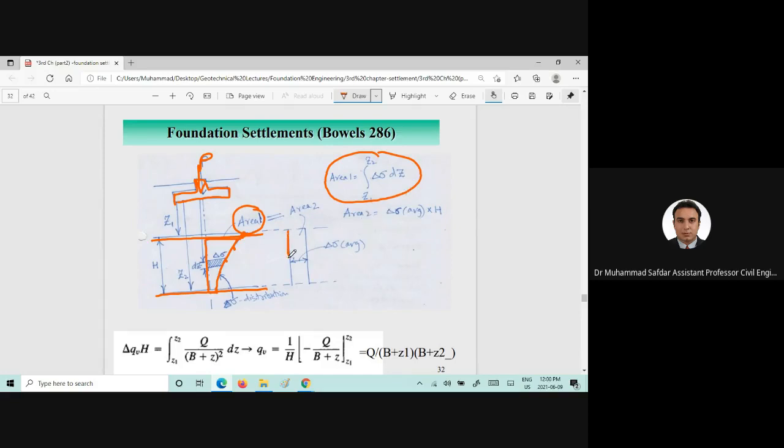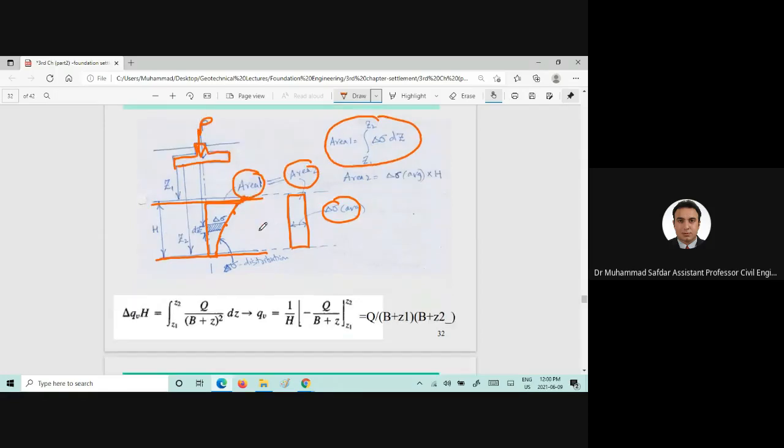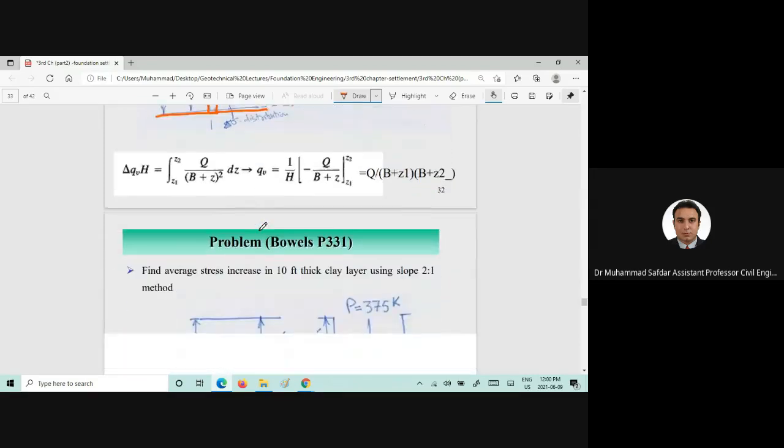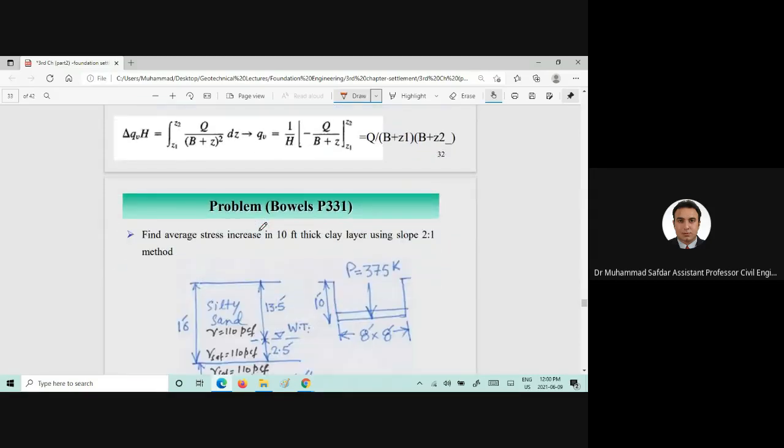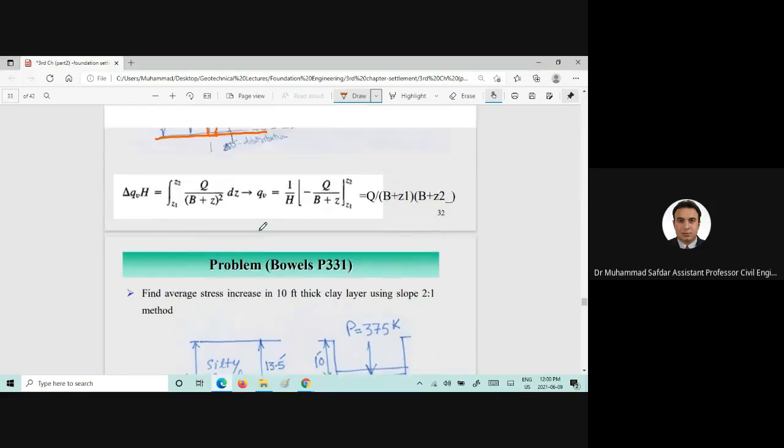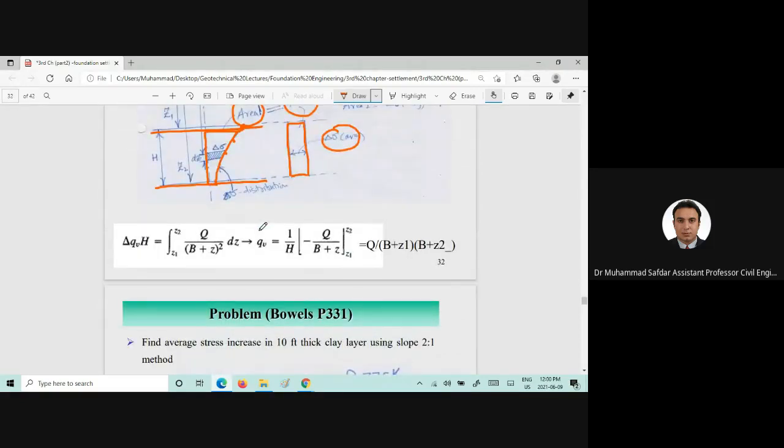Now we need to find out the delta sigma average, because one value of delta sigma is used in finding the settlement of the foundation. And if we find out the area 1, we can do that using Simpson's rule, which I will explain in coming slides.